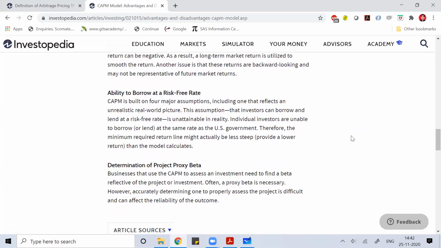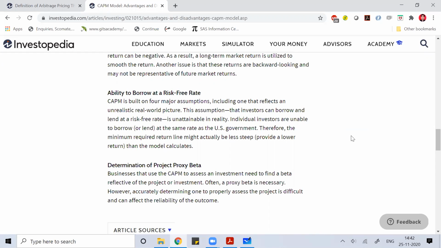Then there is the determination of proxy beta. Beta talks about the sensitiveness of the stock with respect to the market. To understand the sensitiveness, we need data which is available in the public domain to calculate the beta and work on the regression model. But there are a lot of private companies who don't publish their data.